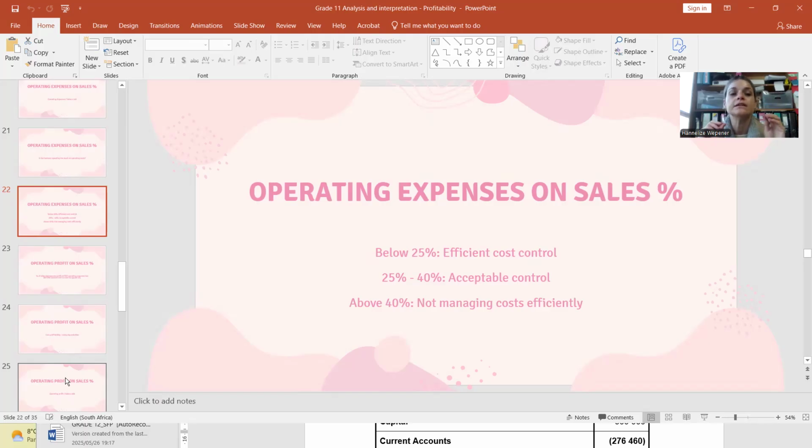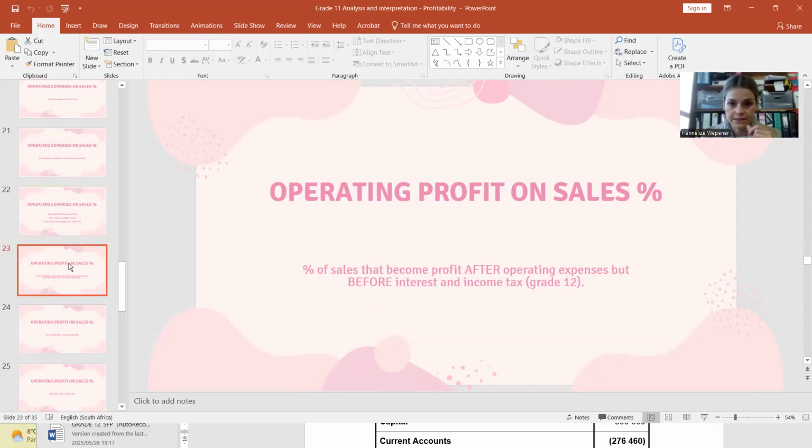You need to go and see, can I cut costs somewhere? Maybe you have office space that is way too big. You don't need that big space. Or you want to be there where the rent is extremely expensive. Maybe it's time to downscale so that you can bring your costs down, so that less of your sales goes into covering your operating expenses.